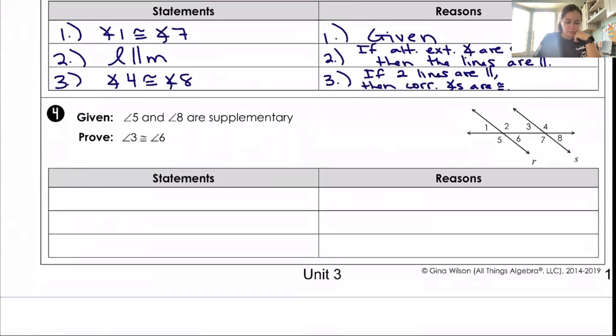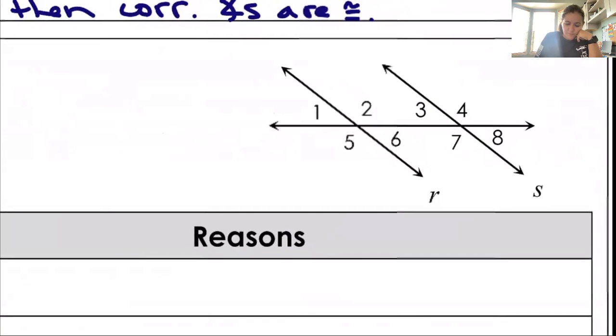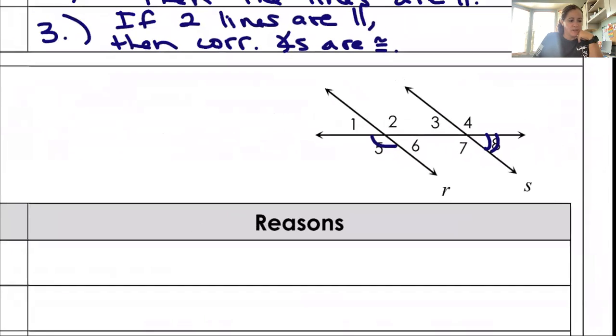All right, number 4, 5 and 8 are supplementary. Well, 5 and 8 are consecutive exterior or same side exterior angles.